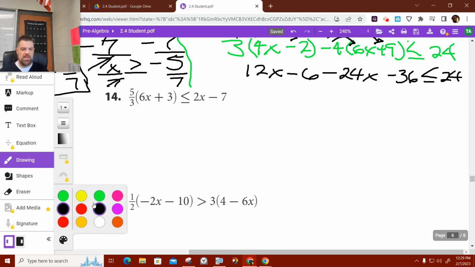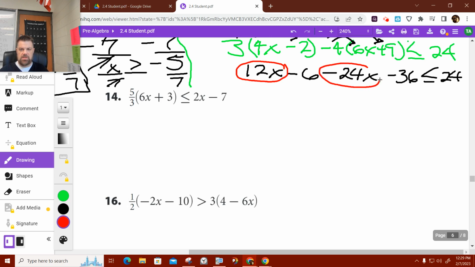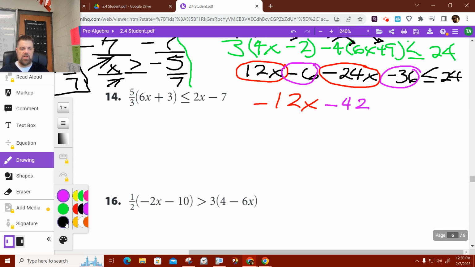We're going to combine like terms. So I'm going to take 12x and add it to negative 24x. That's just negative 12x. Then we're going to take negative 6 and negative 36. When we combine those, that's negative 42. And then all of that is less than or equal to 24.